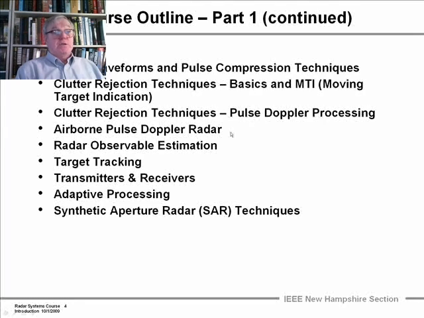We'll discuss as an individual lecture airborne pulse Doppler radar systems and the techniques used to deal with clutter from an airborne sensor, because remember what we said earlier about the Doppler effect. It measures the shift in frequency of the target relative to the radar. If the radar is on a moving platform, then all of the ground will be moving. So it's a much more complicated case to deal with.